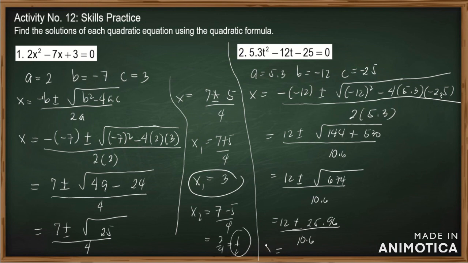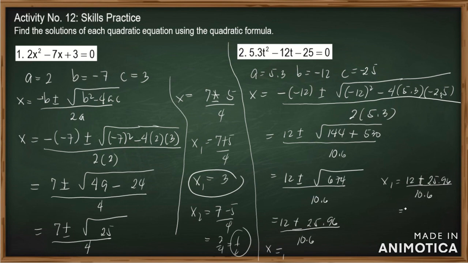So we have now x sub 1 is equal to 12 plus 25.96 over 10.6.